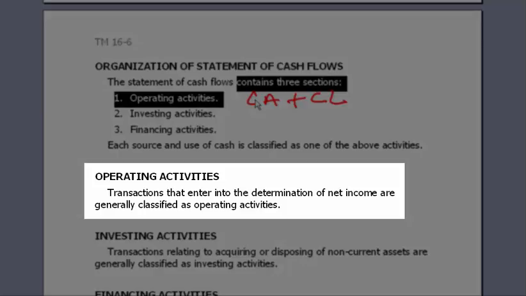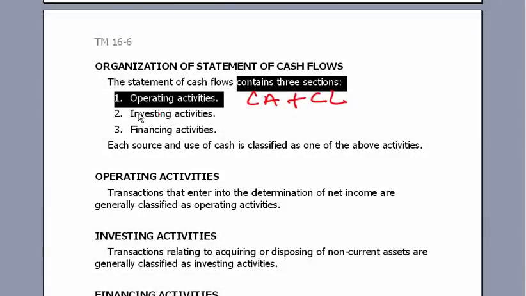Remember that current assets are, by definition, going to be converted into cash within 1 year, 1 operating cycle. Current liabilities will be paid within 1 year, 1 operating cycle.